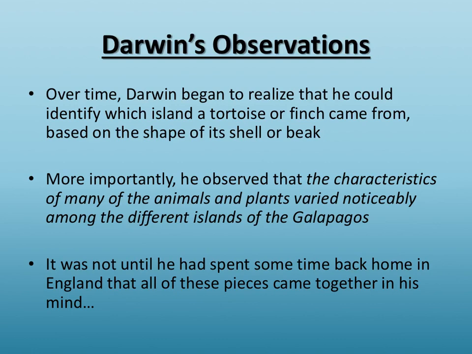And then he also noticed that the characteristics of almost all the animals and plants differed just a little bit from island to island in the Galapagos. And this was monumental, but he didn't realize it yet. It wasn't until he had gotten home and put things all together that things started to form in his mind.